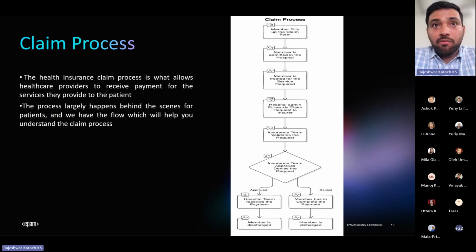So all this data is evaluated, and then the claim is approved. If it is approved, the hospital team receives the payment, and if not, the member has to complete the payment, and then the member is discharged. I don't want to dig deep into the claim process because it is so in-depth. This is just an overview of how the claiming process is done.